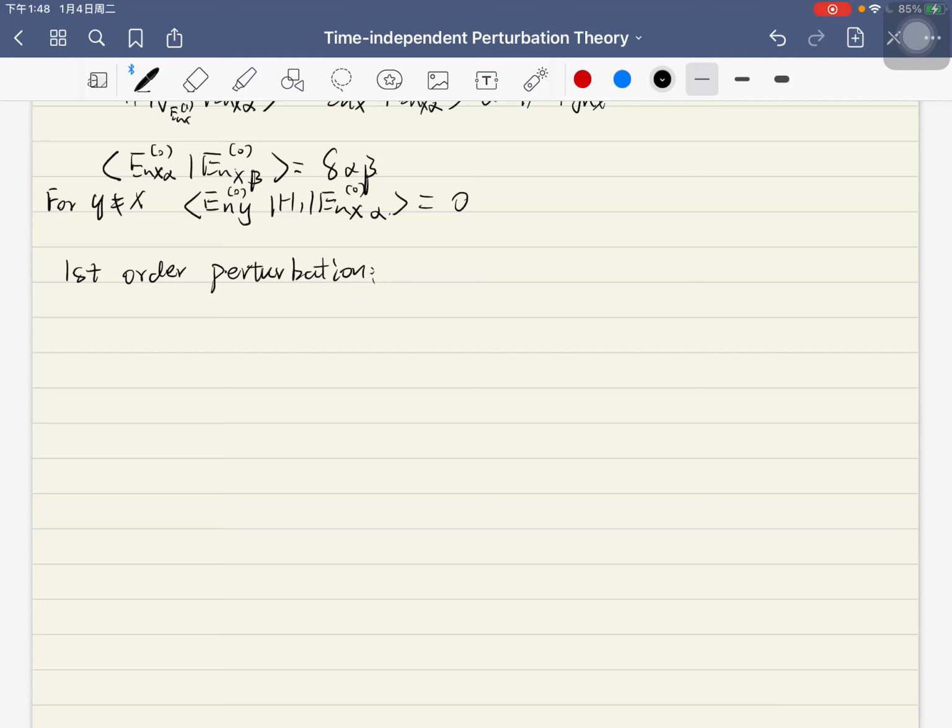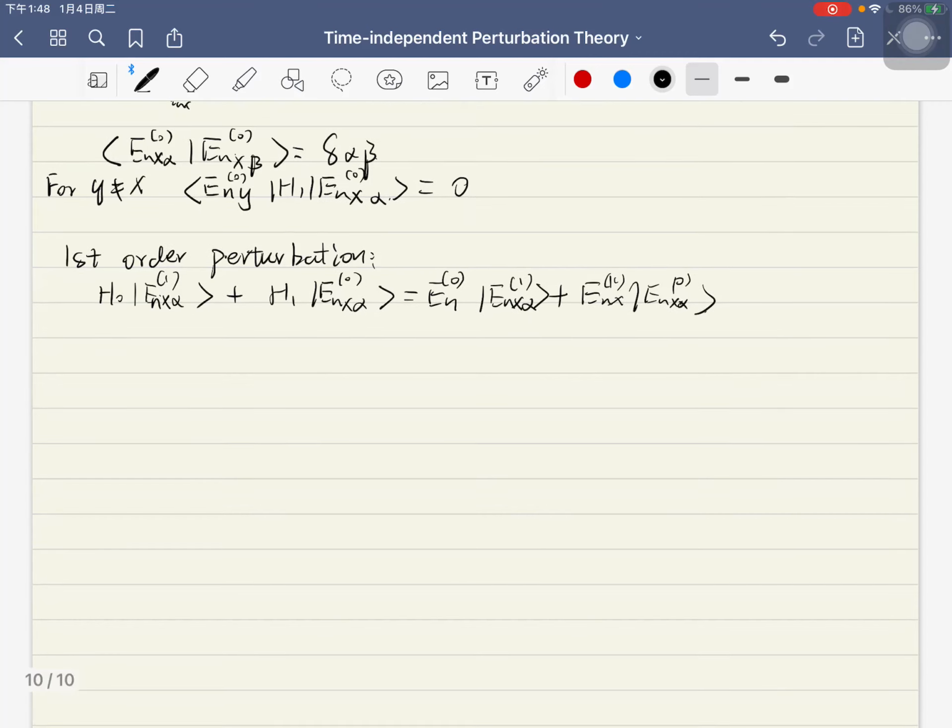In the first order, we have the basic equation H0|E_nx alpha^1> plus H1|E_nx alpha^0> equals E_n^0|E_nx alpha^1> plus E_nx^1|E_nx alpha^0>.